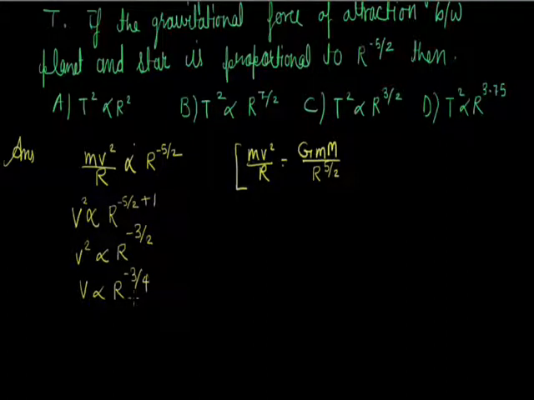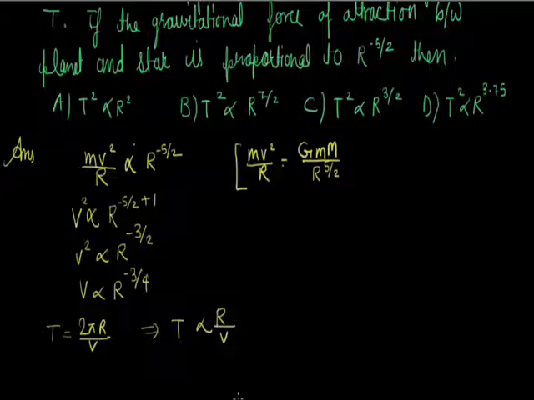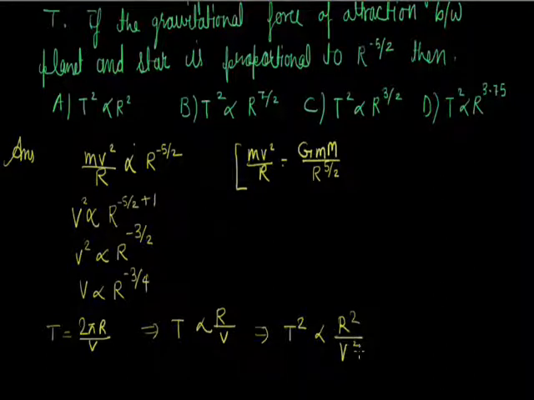Now we can find how time period will depend on r. As we know, time period is given by 2 pi r upon velocity, right? Which means time period is directly proportional to r upon v. And we have to find the dependence of T square. So by squaring both sides, T square is proportional to r square upon v square.